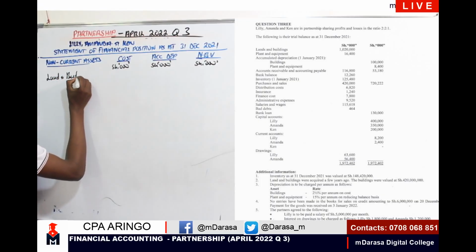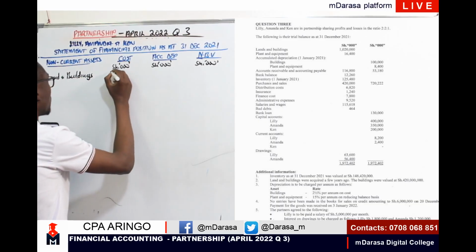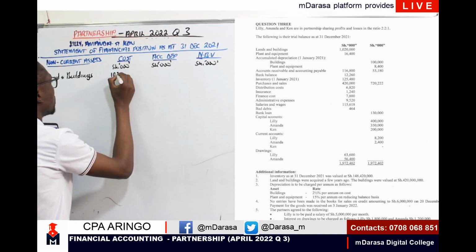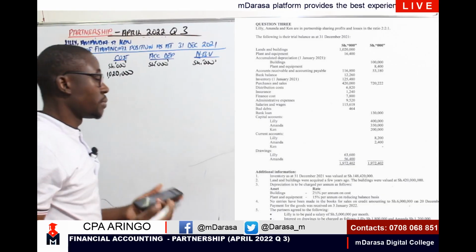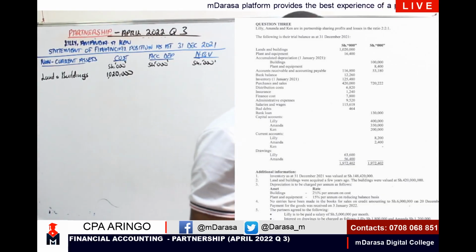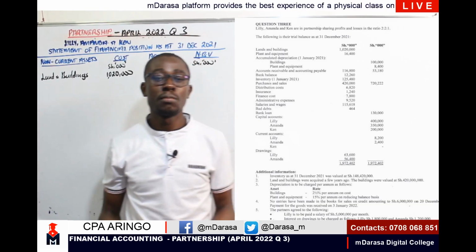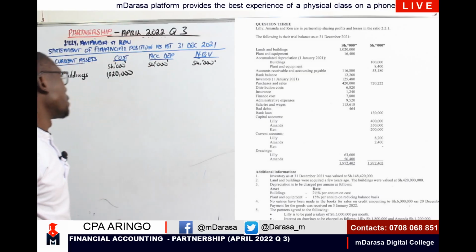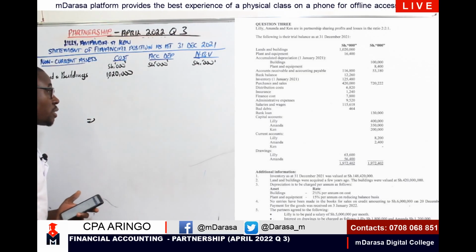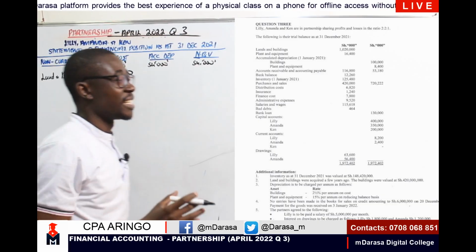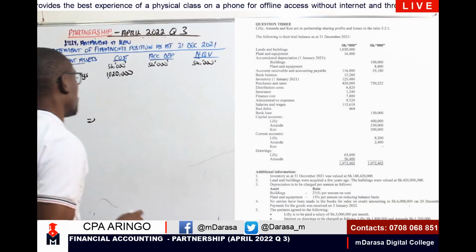The original cost I was having is 1020. Accumulated depreciation: recall we had computed the depreciation for this item, specifically for the building. I've erased mine. I believe you have yours. Still, I'm going to work it out very quickly.